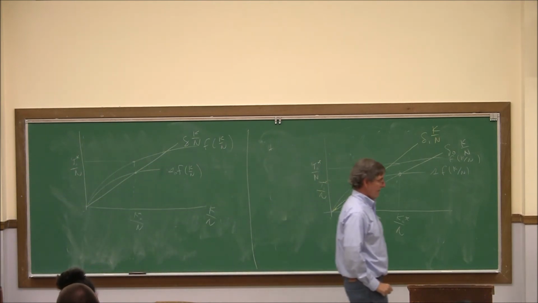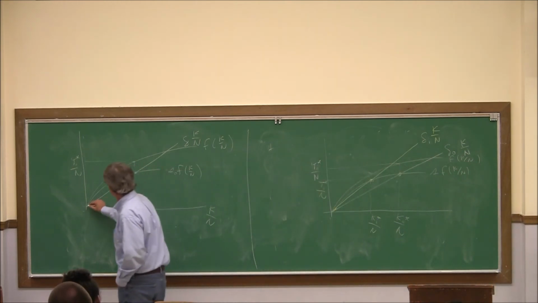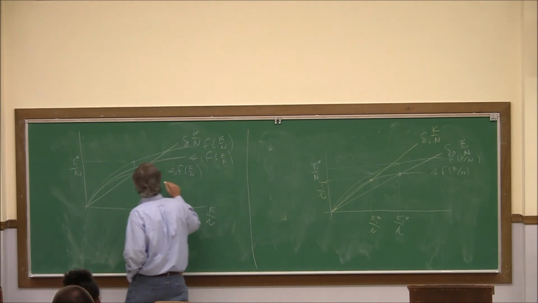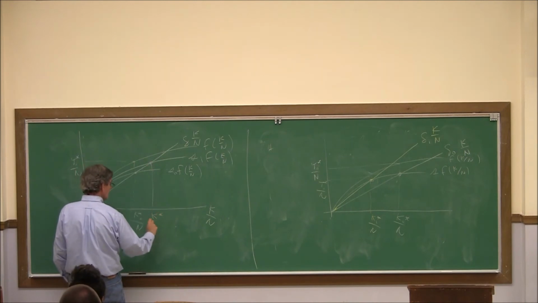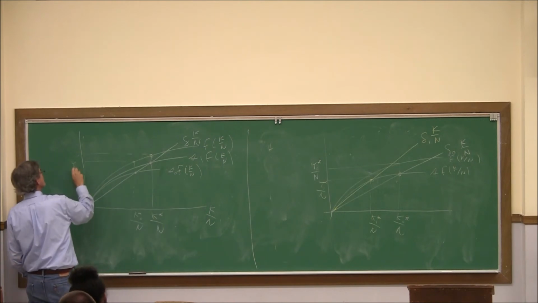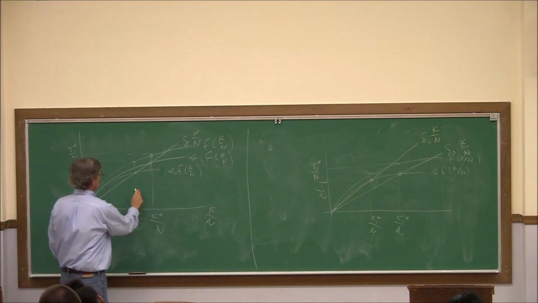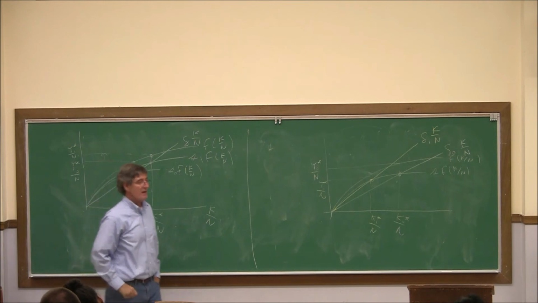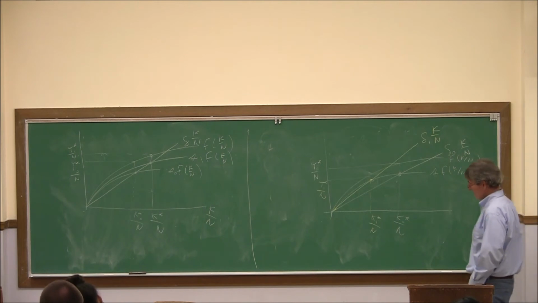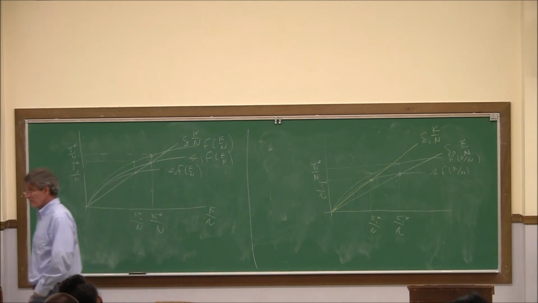Increase the savings rate. According to this model, that would rotate up to S1 F of K over N, and you'll end up with a higher level of capital per person and a higher standard of living.